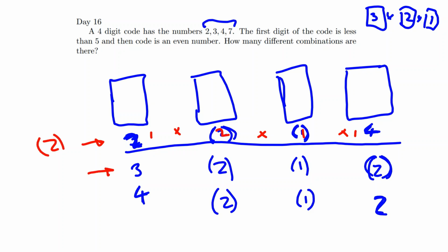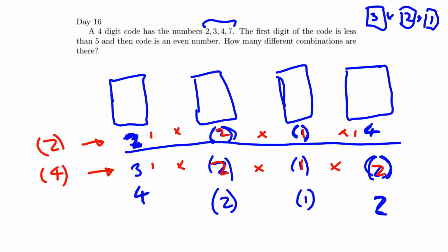This second line here, well, this is a 3, which is the exact number of what we've got. There's 2 different combinations there, 1 different combination there, 2 different combinations there. So we're going to get 1 times 2 times 1 times 2, which is 4 different combinations.